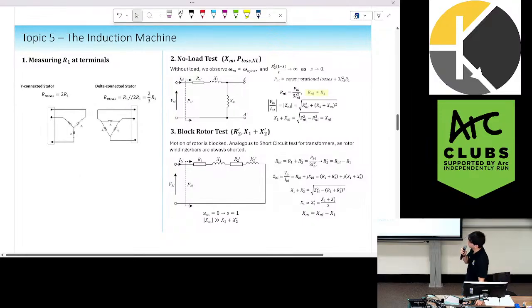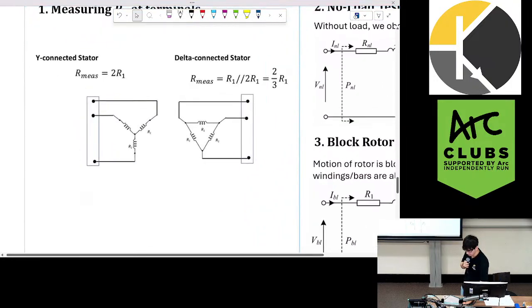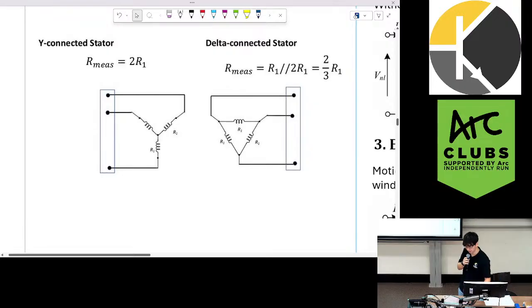Similar to transformers, we have tests to figure out the parameters of our induction motor. So measuring R1, we do that by simply turning off the motor, leaving it at standstill, and we measure the resistance between two terminals. This will change depending on whether we have a star connected induction machine or a delta connected induction machine.